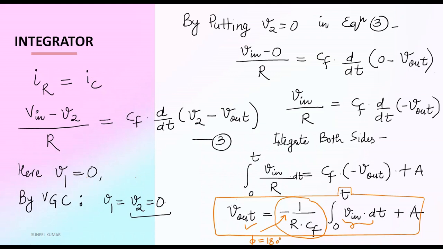So what is A? A is simply the integration constant. So the output is simply the integration of input voltage V input. So this is all about integration.